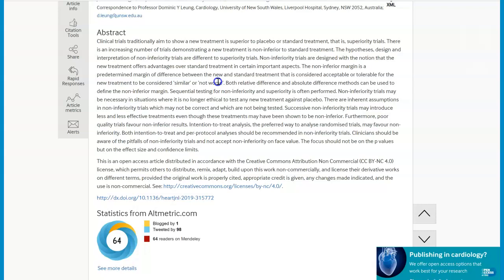So non-inferior, the term, means not worse. It's not making sure of what's better, it's just making sure what's not worse.